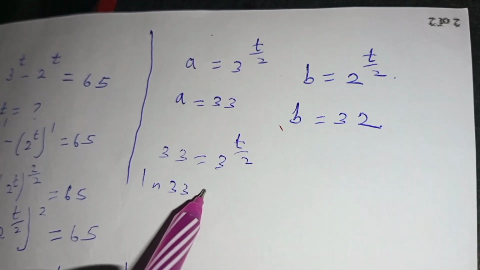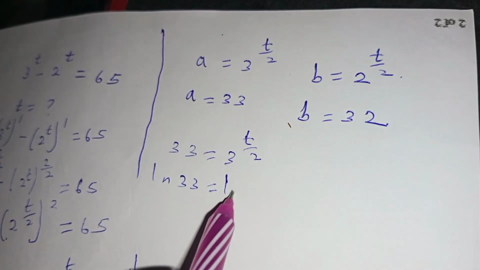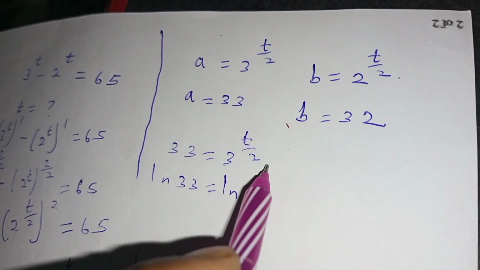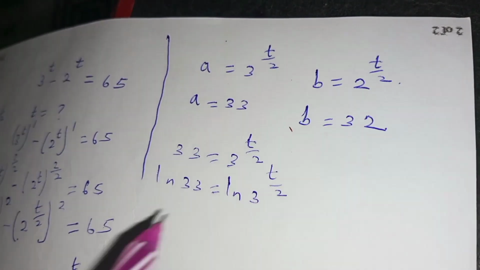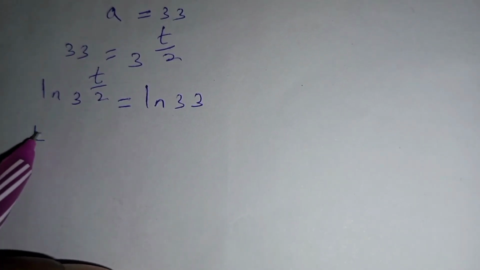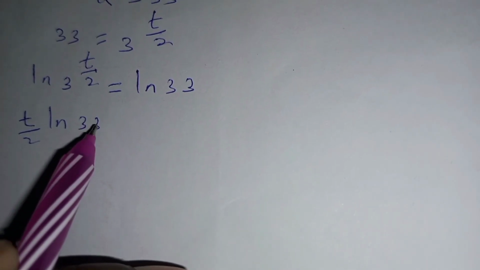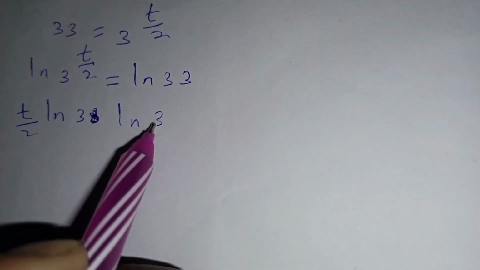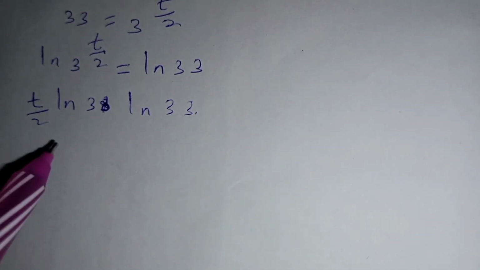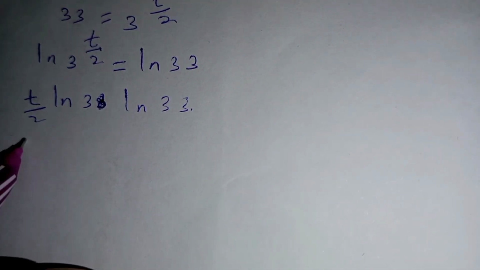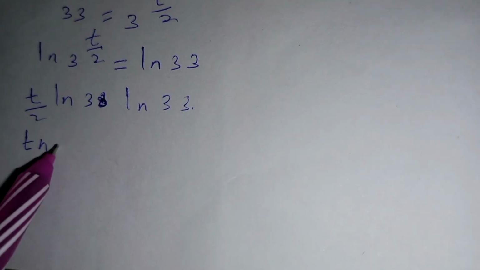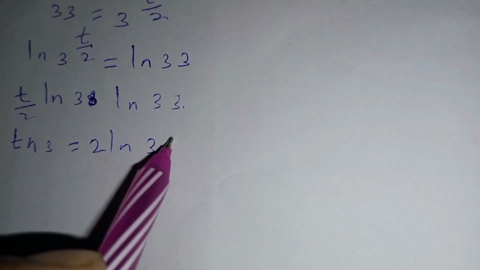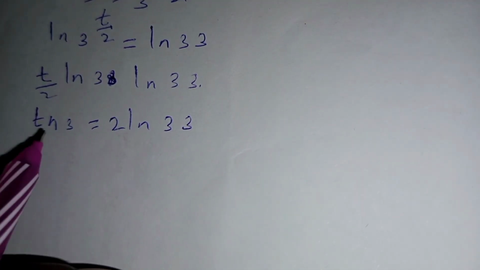Natural logarithm of 3 to the power of t over 2 is equal to ln of 33. So t over 2 times ln of 3 is equal to ln of 33. We multiply by 2 so that we have t: t ln of 3 is equal to 2 ln of 33. So you want t.